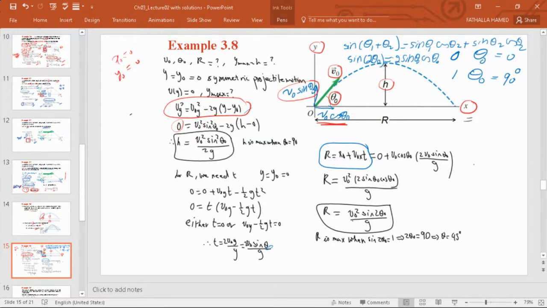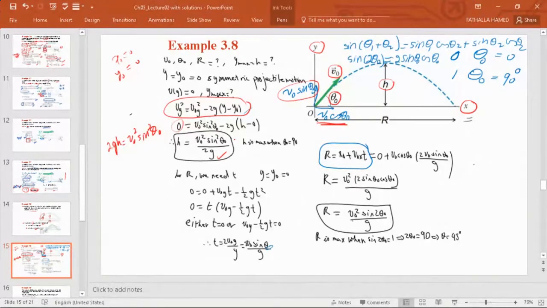You can take this to the other side, and what you will have is 2gh equal to v0 squared sine squared theta 0. Now you're interested in h. So your h will equal v0 squared sine squared theta 0 over 2g. Now you have sine theta 0 here. And you know that sine will go between 0 and 1, or it can go between minus 1 and 1.